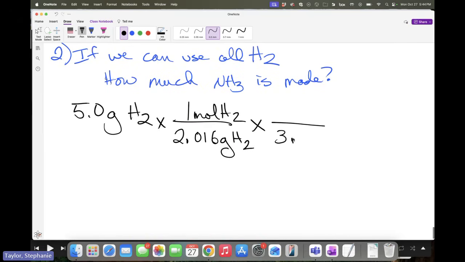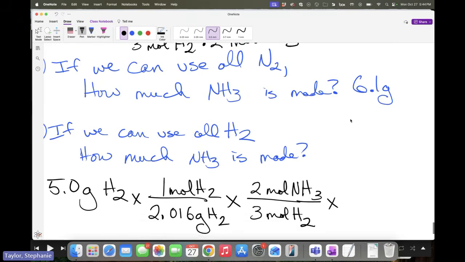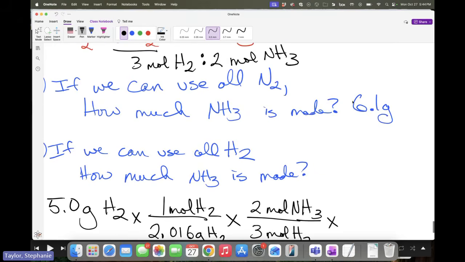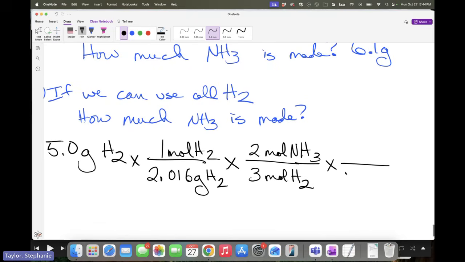And then we found earlier, because we already did this math, that in 1 mole of ammonia, we get 17.034 grams.